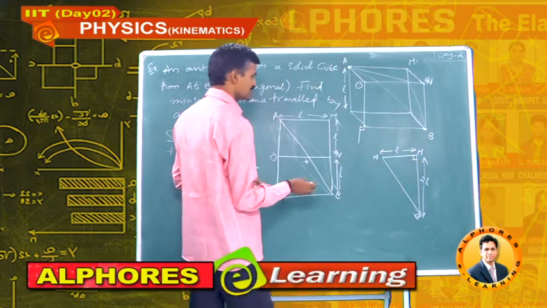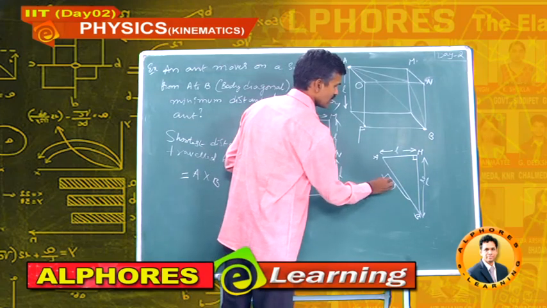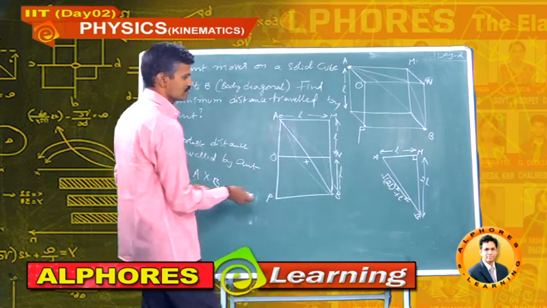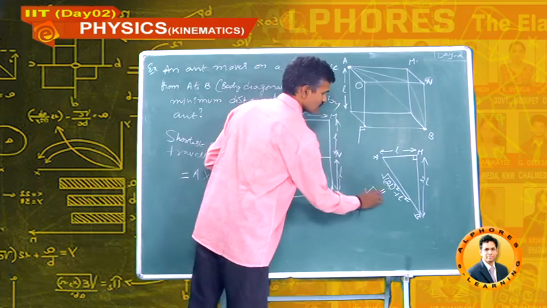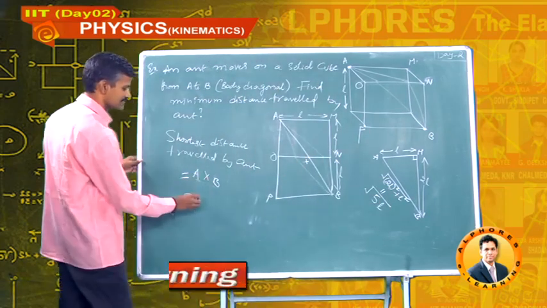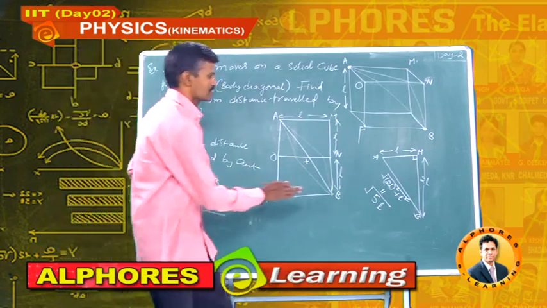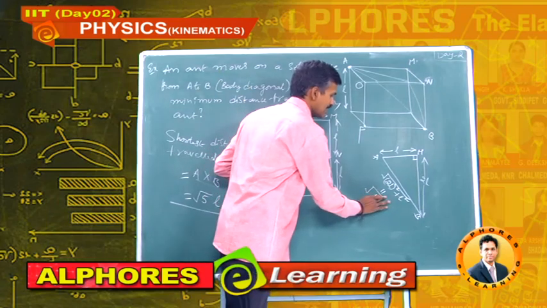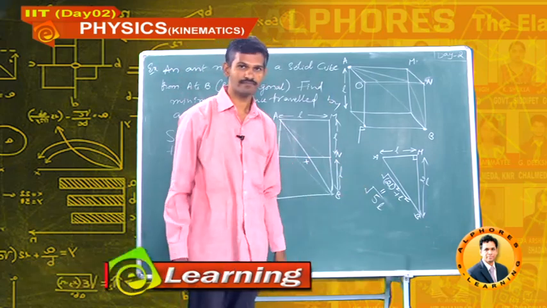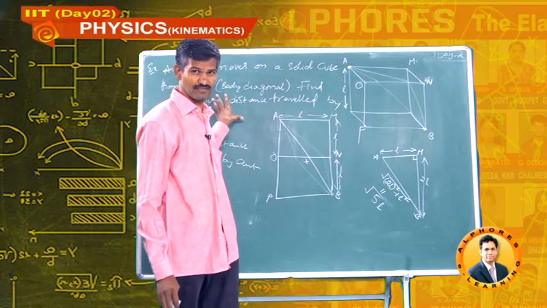Its length is under root of (2L) whole square plus L square, which is nothing but root 5 L. So the AXB length is root 5 L. This is the shortest distance traveled by the ant. It is a very important problem for mains.